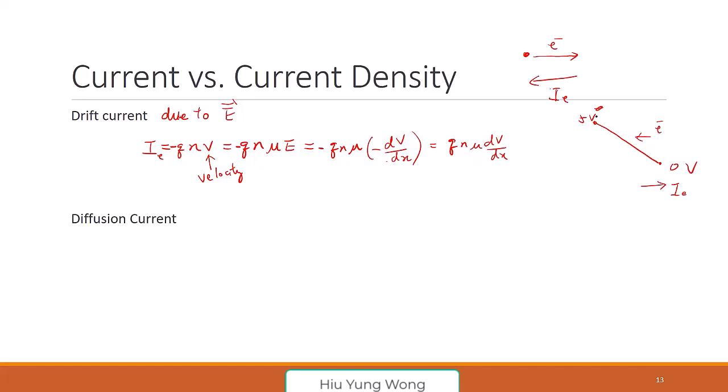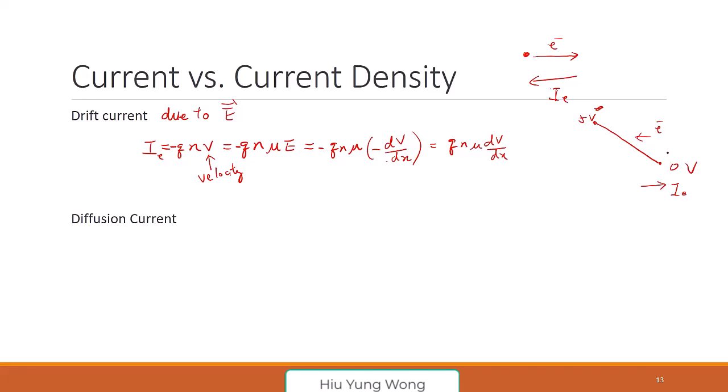So if we have this gradient, dV/dx is negative, then the current should go to the right. Sorry, let me fix this. I think I might have done something wrong, okay?